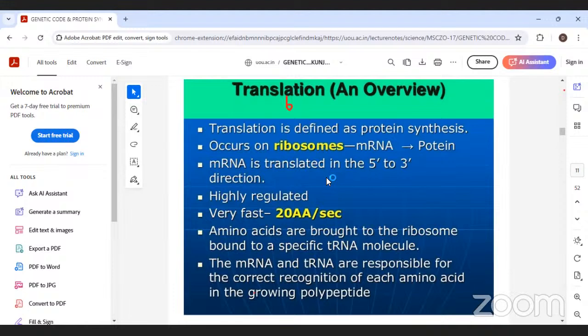The tRNA reacts with cytidine triphosphate, which is called CTP, and adenosine triphosphate is ATP. CTP is cytidine triphosphate, ATP is adenosine triphosphate.